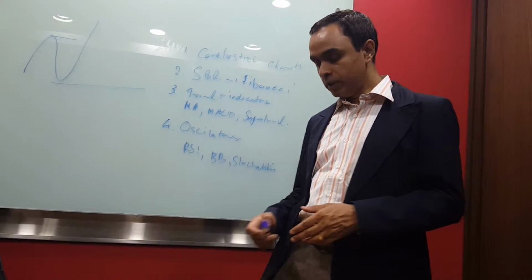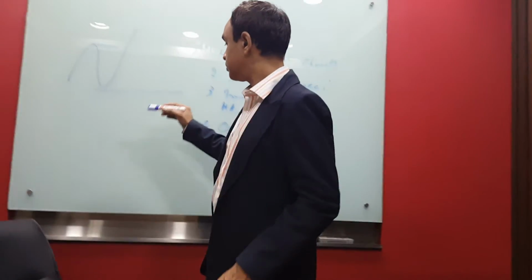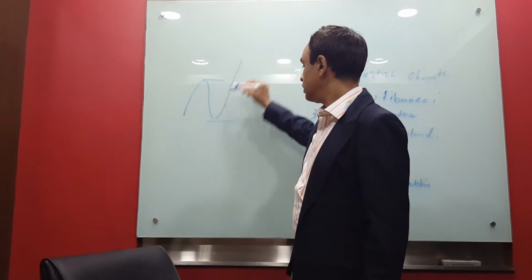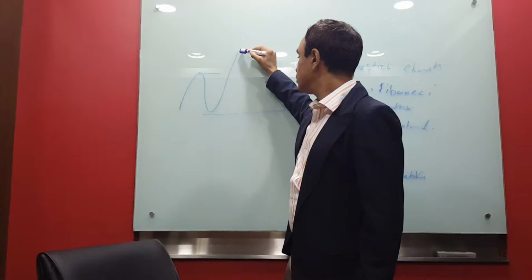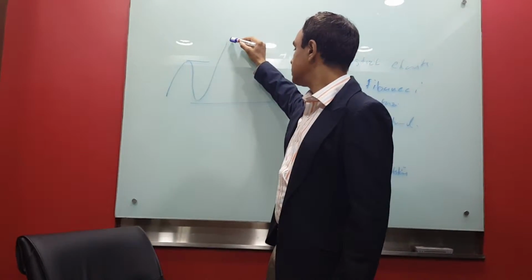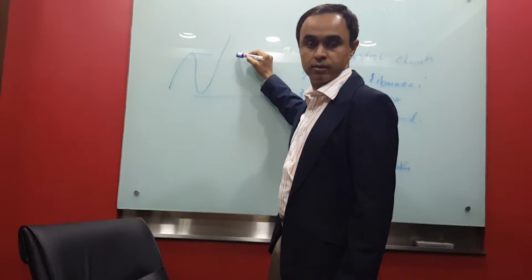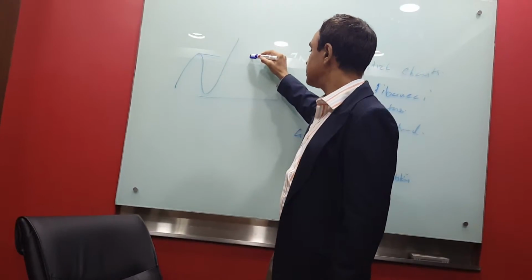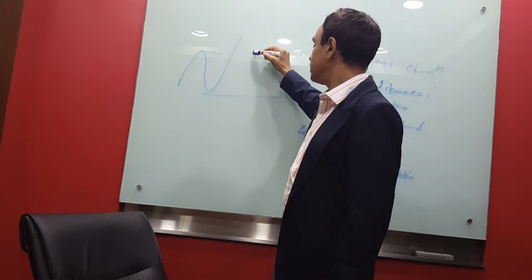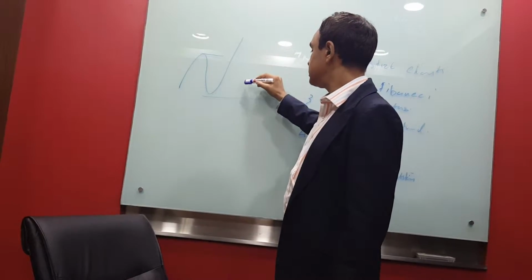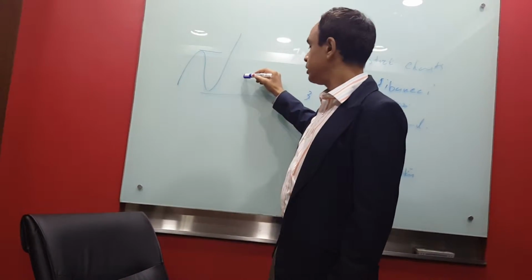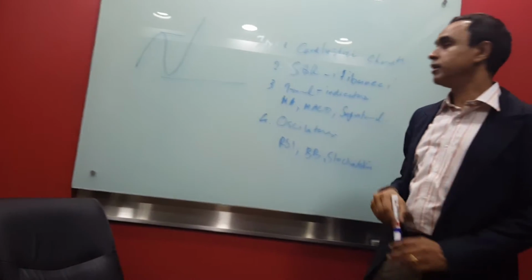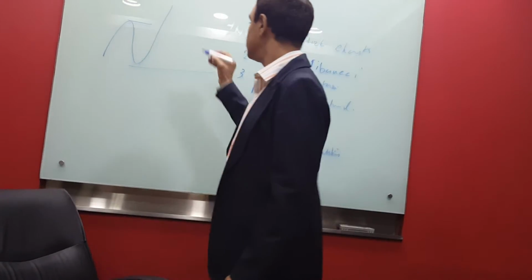So for example, if the price of a stock moves up from here to here, after it moves up, it usually would retrace. What he says is it may retrace 33%, or it may retrace 67%, or it may retrace 100%. So there are totally 5 different levels.